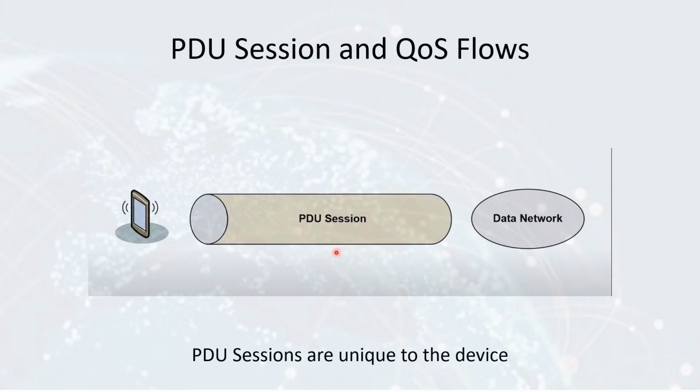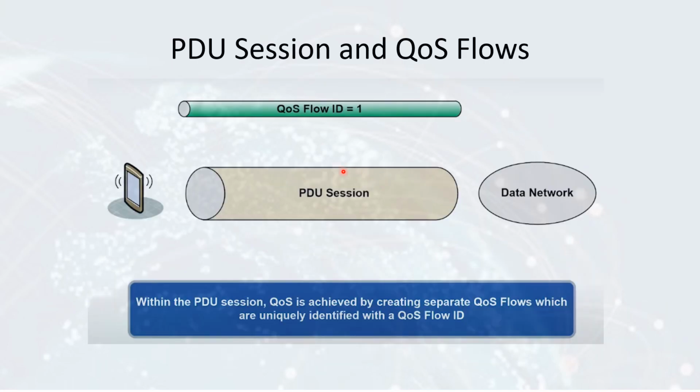think about how different kinds of quality of service will be managed for different applications or different requirements. So the PDU session will have QoS flow. So a particular type of traffic requiring a set of QoS, quality of service, like latency, or whether it's a guaranteed bit rate or a non-guaranteed bit rate, is defined by a particular QoS flow ID.